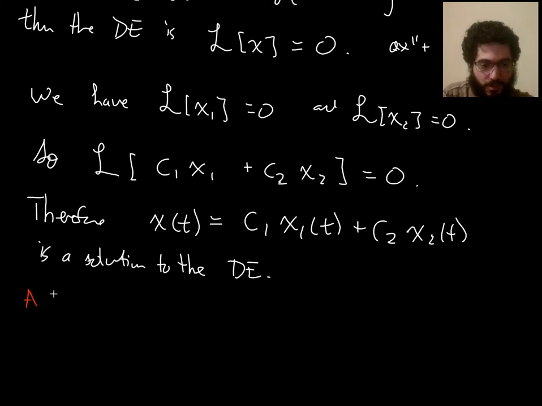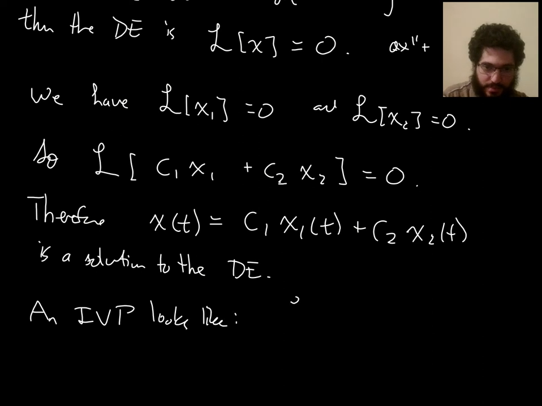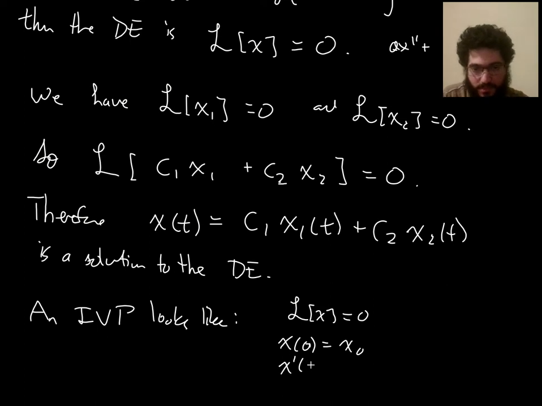So an initial value problem looks like this. You've got the differential equation, which is that, and then you've got two initial conditions. It doesn't have to be at time 0, but let's just say something like the value of x at time 0 and then the value of x prime at time 0. Something like that. So that is what an initial value problem looks like. And look at how many degrees of freedom there are for setting up an initial value problem.